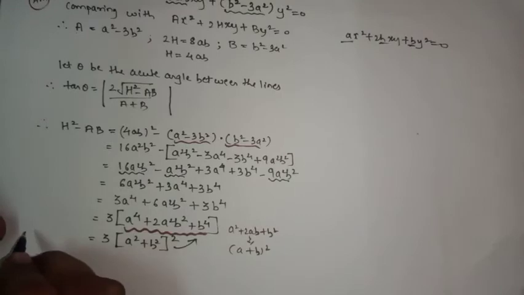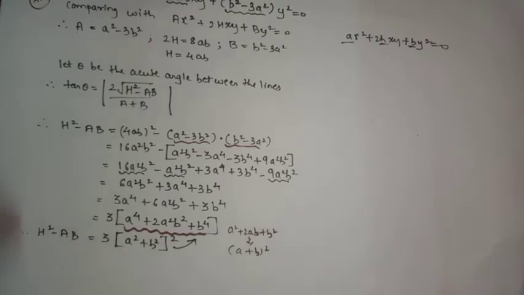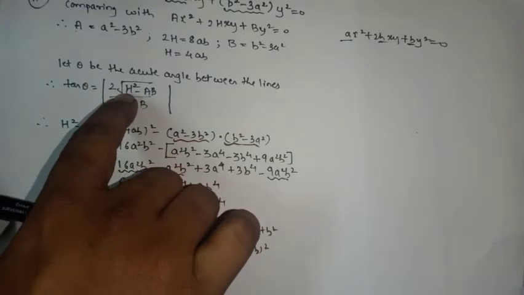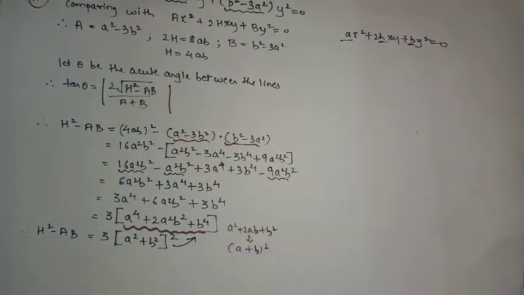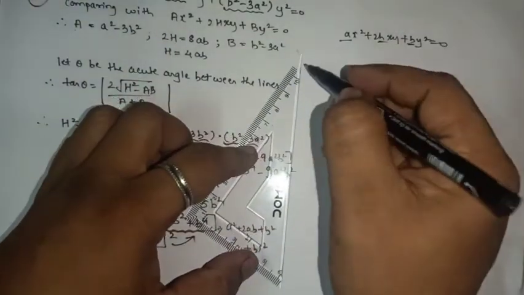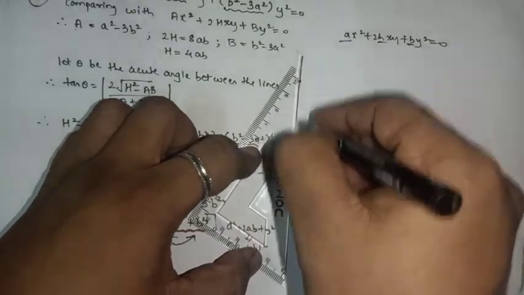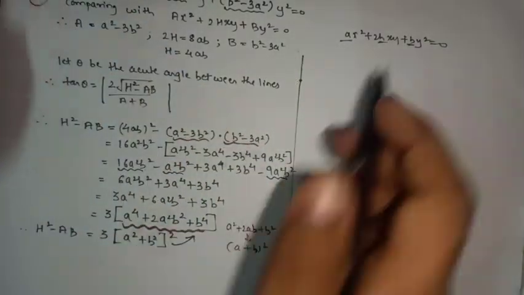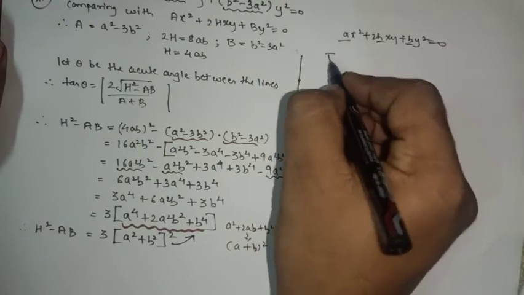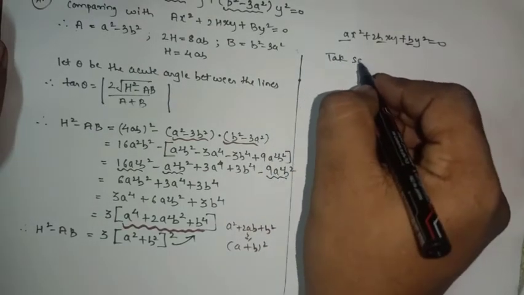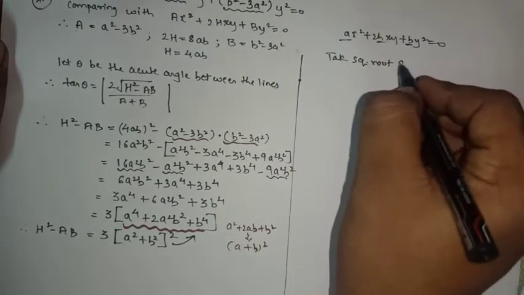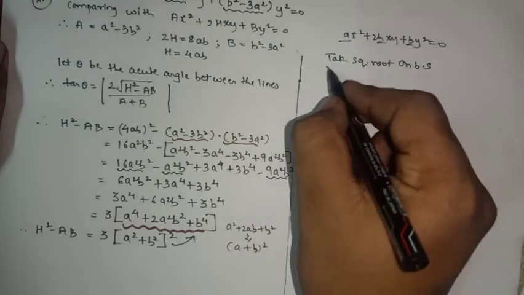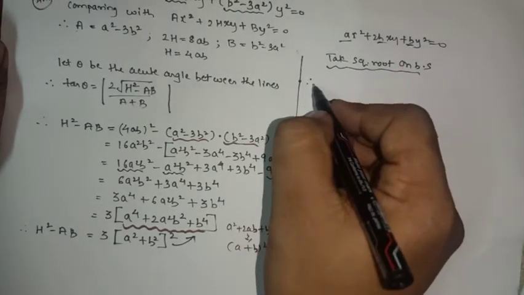So here we got the answer for h square minus ab, but we have to find root of h square minus ab. So in the next step, I will take square root on both sides. So here you will get what?